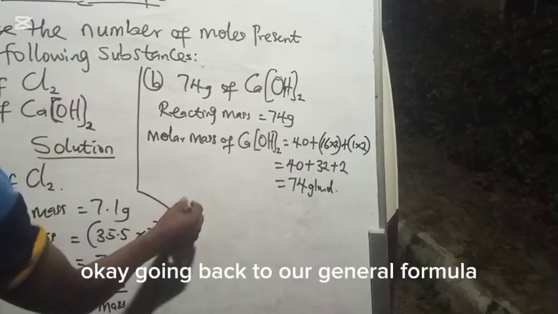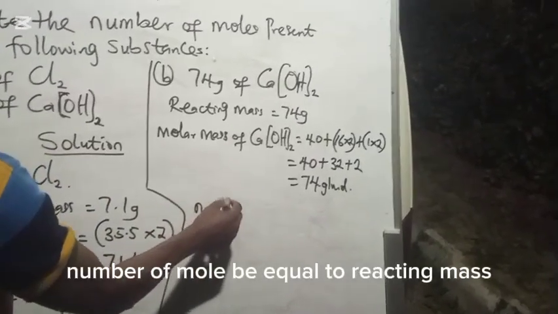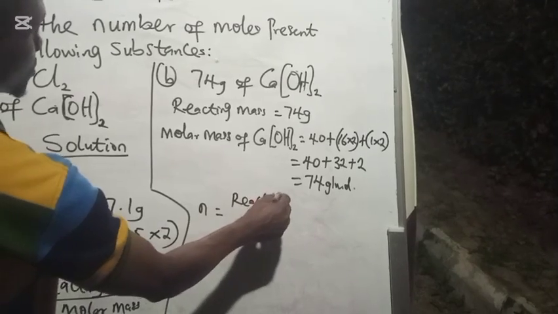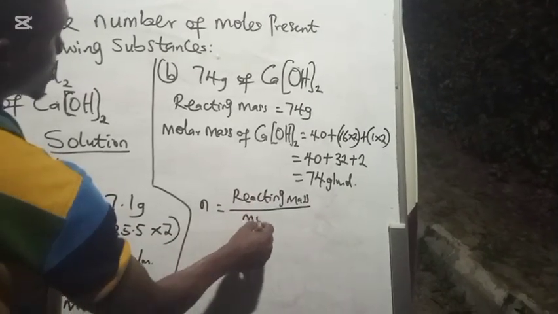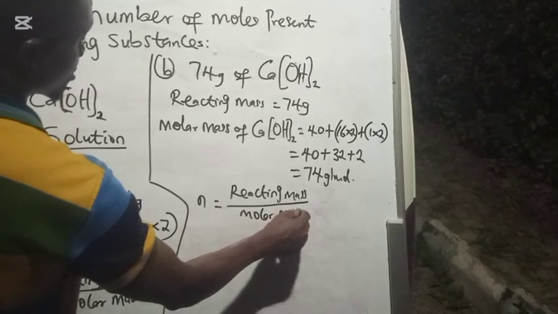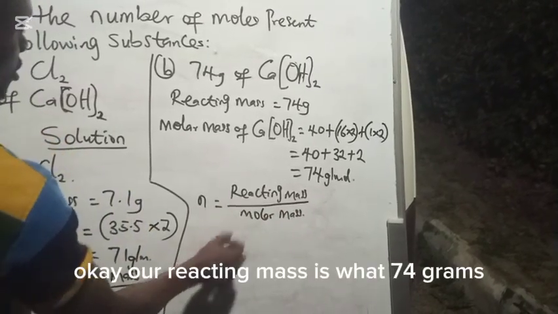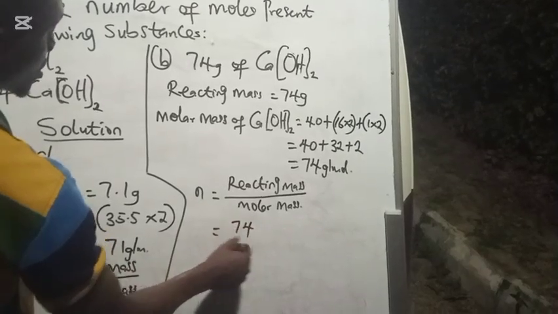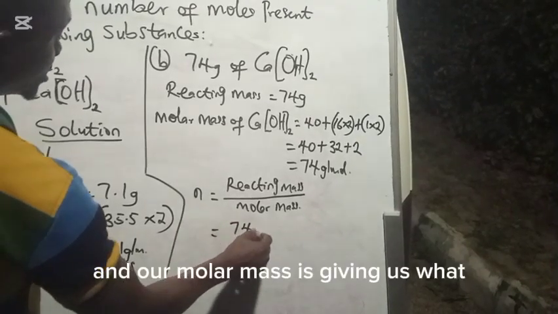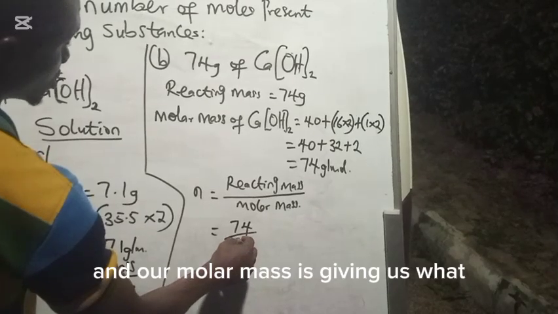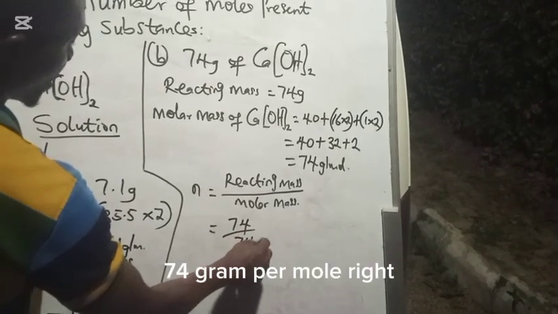Going back to our general formula, number of mole is equal to reacting mass all over molar mass. Our reacting mass is 74 grams, and our molar mass is 74 grams per mole.